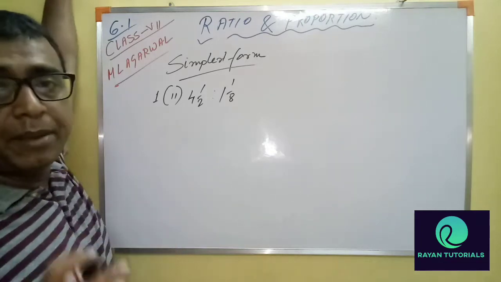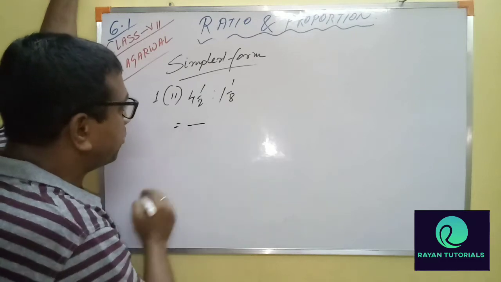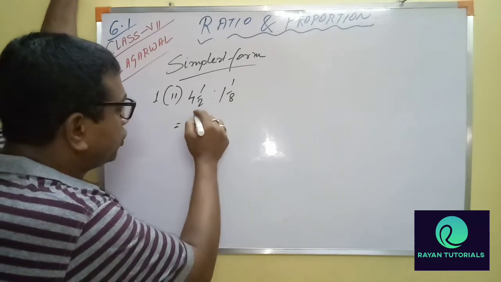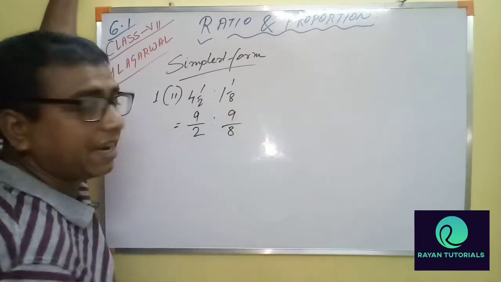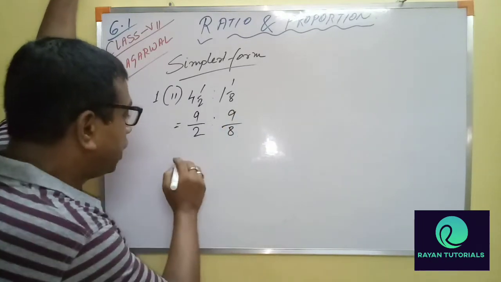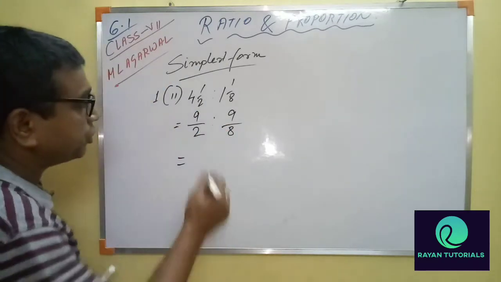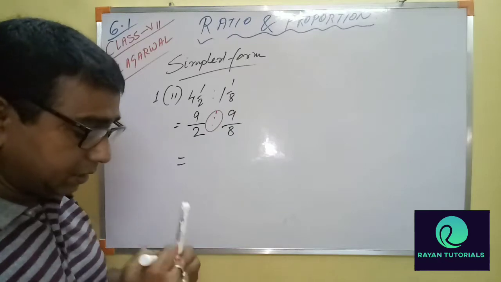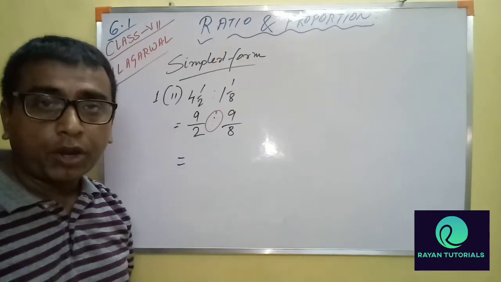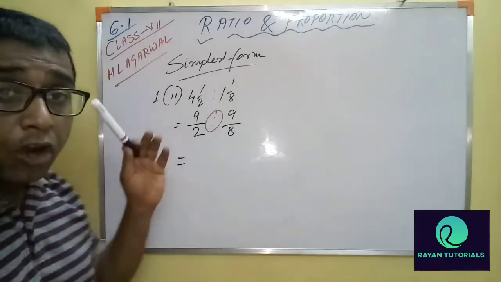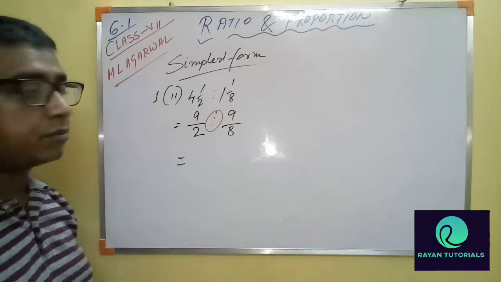Okay, so this is a mixed fraction. Let's first make it an improper fraction. 2 fours are 8, plus 1, 9. 8 ones are 8, plus 1, 9. Very good. Now, what does this sign mean? This is the sign of ratio. Don't get scared about the figures. You follow the logic and the formula.